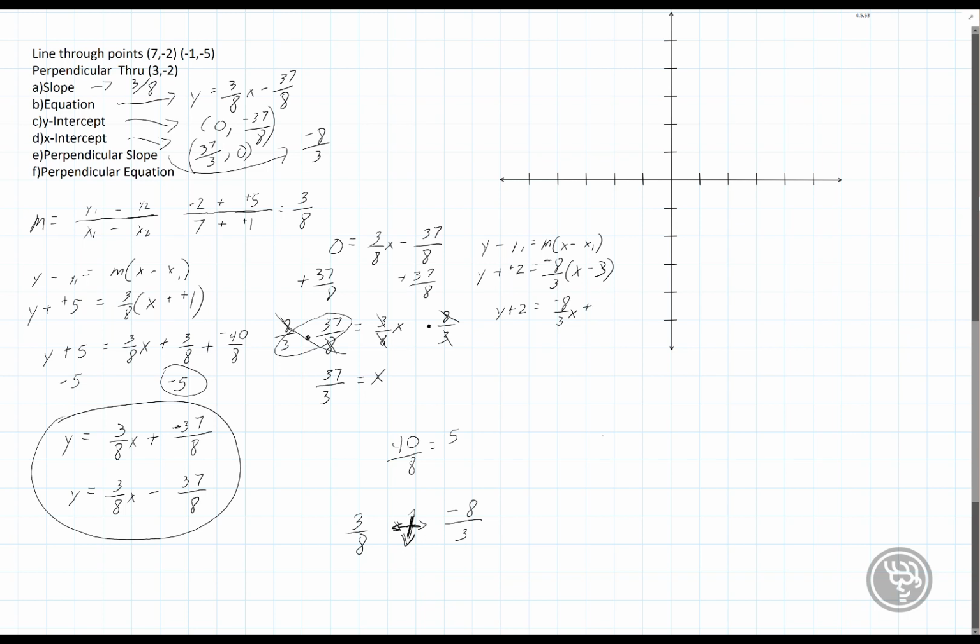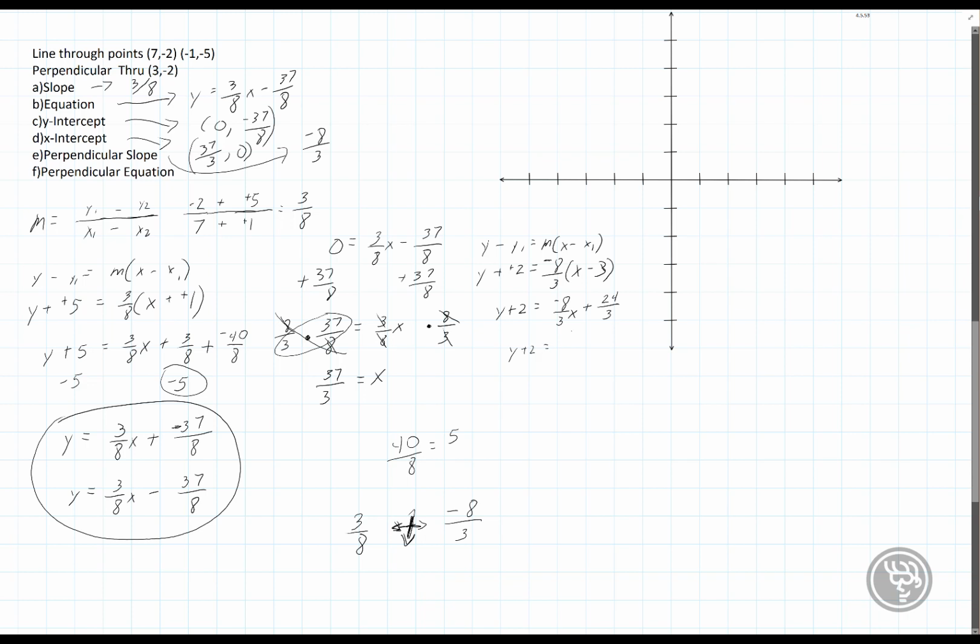So 8 times 3 gives you 24. So it's going to be 24 over 3. Now, we can also reduce that, or we could just multiply the 3 and the 3 and we'd be left with 8, but I'd rather do it this way and then show you how to get to the 8. Let's rewrite this a little cleaner.